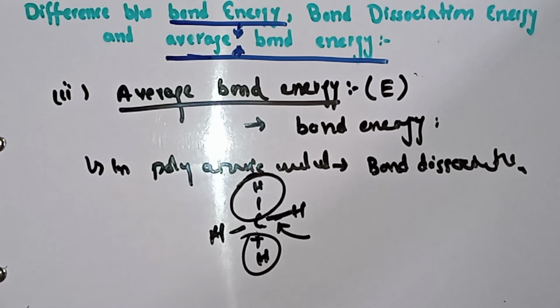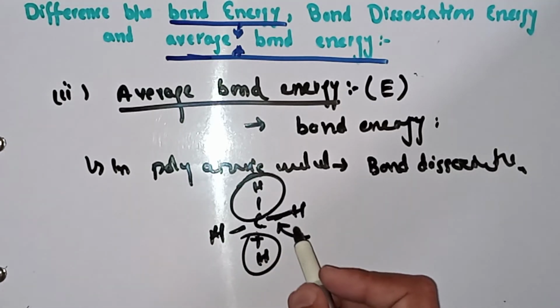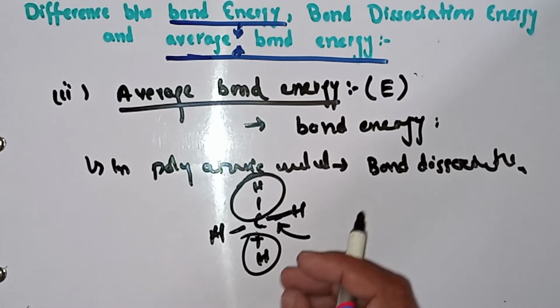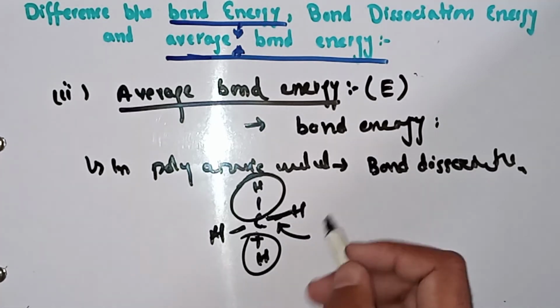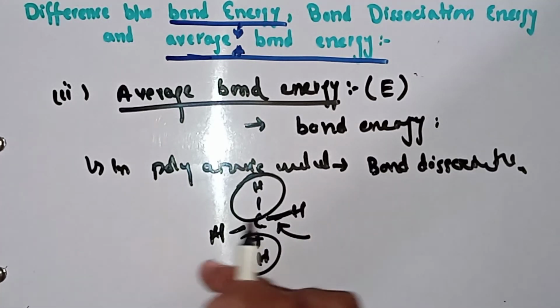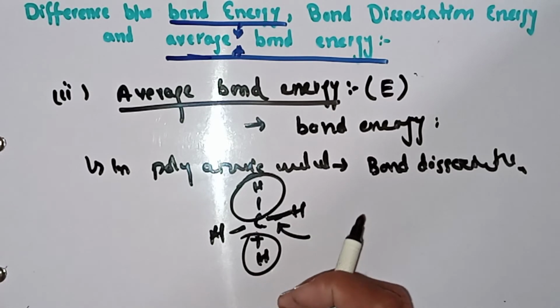What is the reason behind this? Different factors are involved in having different bond dissociation energies. The factors are resonance, hyperconjugation, hybridization, angle strain, steric effect, etc.